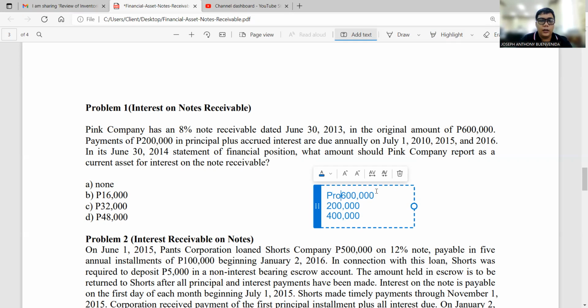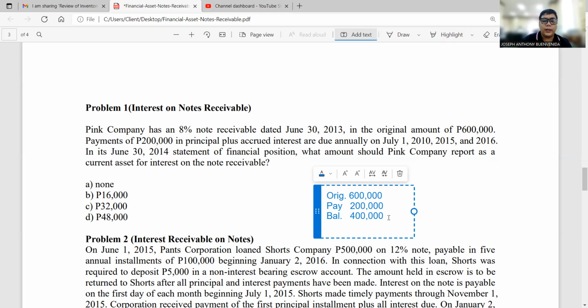So original less payment. Okay, so ang balance niya at June 30, 2014 is 400,000. So pila daw ang i-record as interest on the notes receivable?